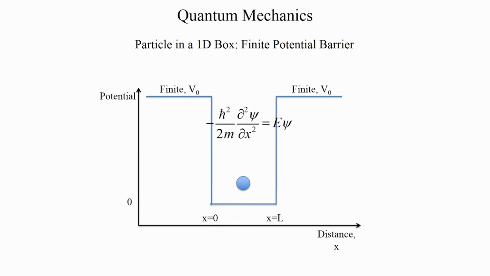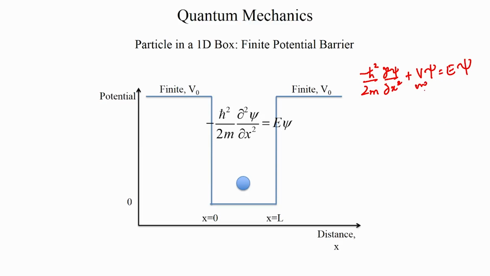So, how do we write Schrodinger's equation? Firstly, let's write it in a very general sense. You have minus h bar square by 2m, dou square psi by dou x square, plus V psi, is equal to E psi. This is Schrodinger's equation, and we always wanted to identify what this potential was.